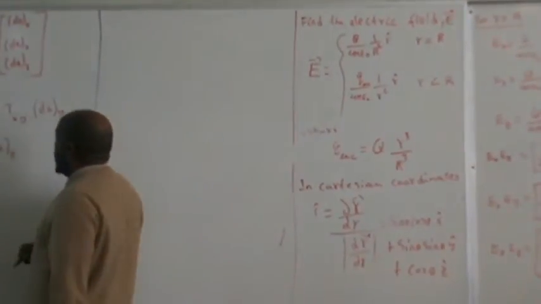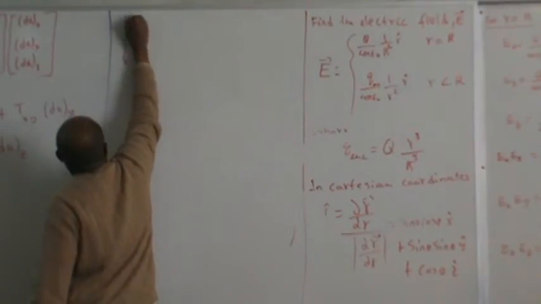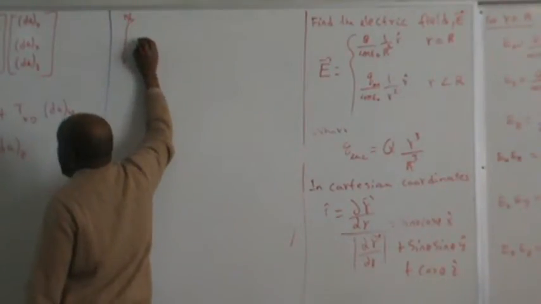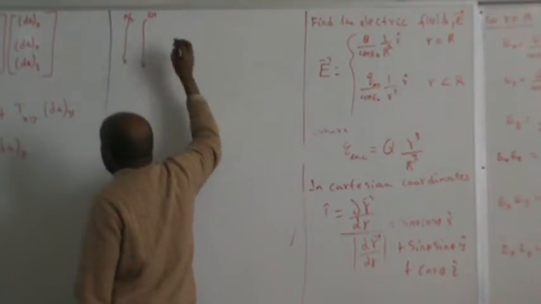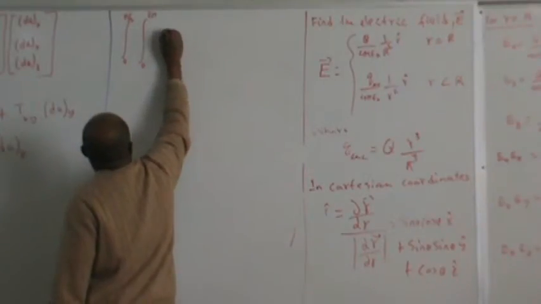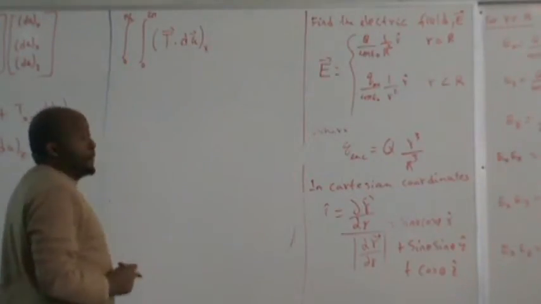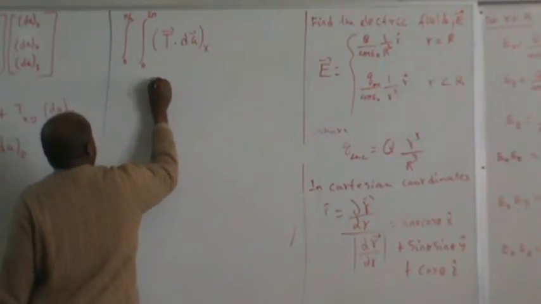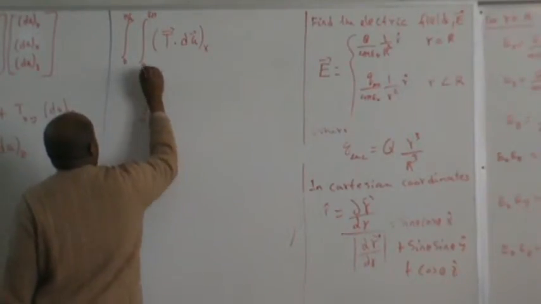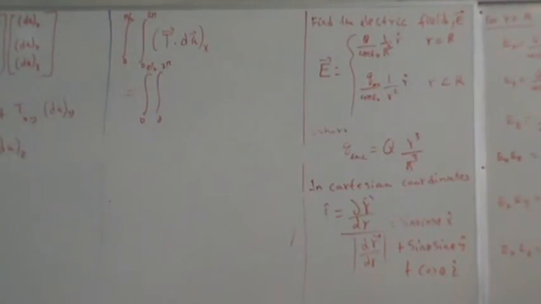Because if I consider the integration from 0 to pi over 2 for theta, and from 0 to 2 pi of T dot dAx, so that's going to be the integral from 0 to pi over 2, from 0 to 2 pi, and Txx is going to do that.